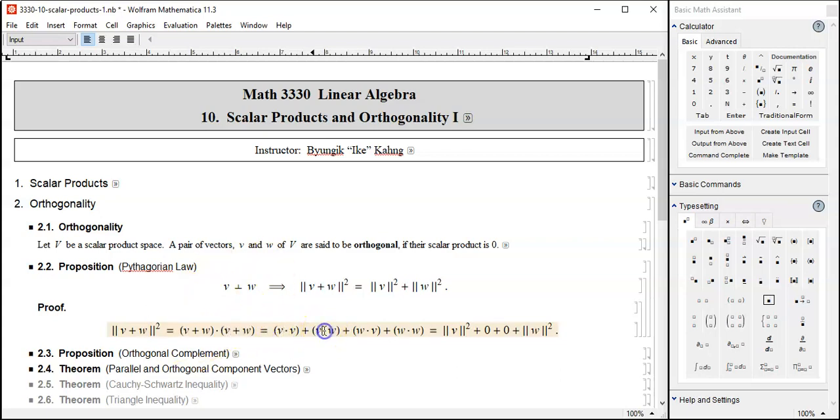First, outside, inside, last. If you do that, you'll see the middle terms are zeros because v and w are perpendicular, orthogonal. So we end up with the right-hand side as these two zeros drop out. That's the proof, just a one-liner.